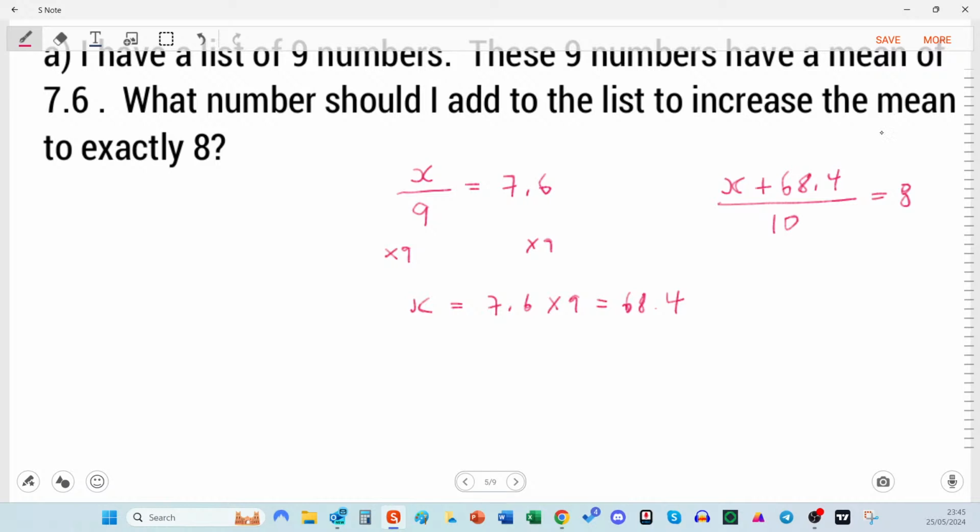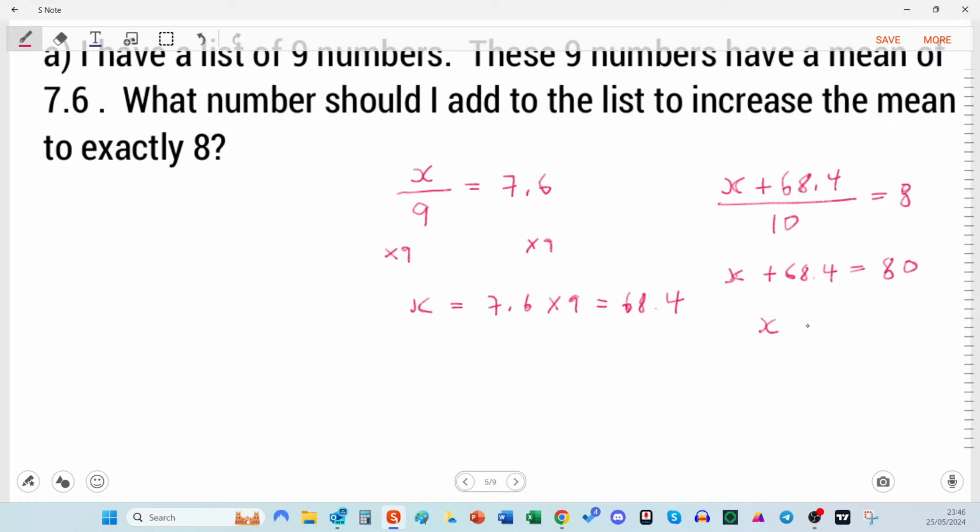And thankfully, this is an equation, and there's one unknown. So all we have to do is rearrange x plus 68.4. We're going to times both sides by 10 to get rid of that fraction. That's really important. So now that 8 becomes 80 because we times it by 10, and on the left it just disappears.